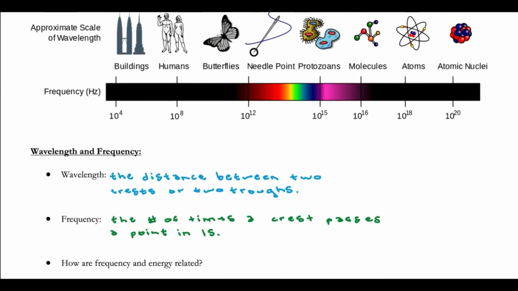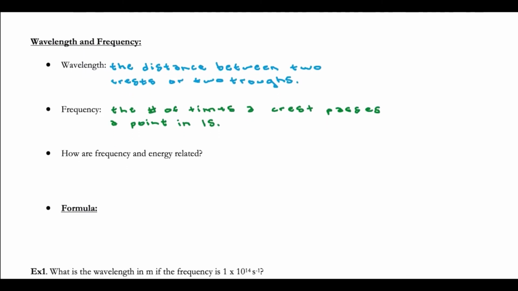So what I'm saying is that the higher your wavelength, the lower your frequency. Or the shorter your wavelength, the higher your frequency. So when one goes up, the other goes down. That relationship is an inverse relationship.